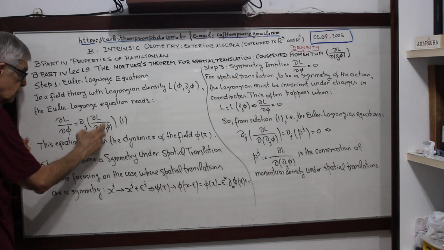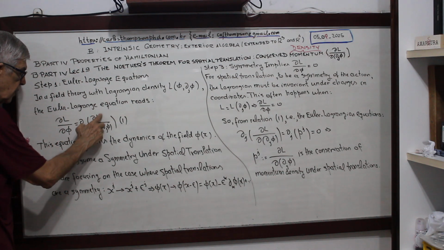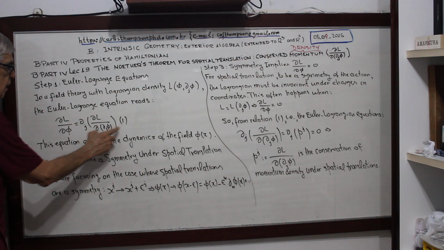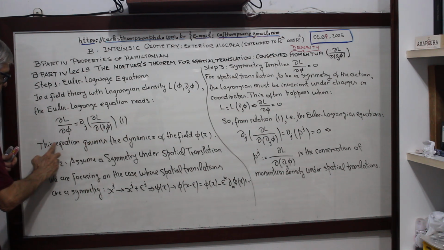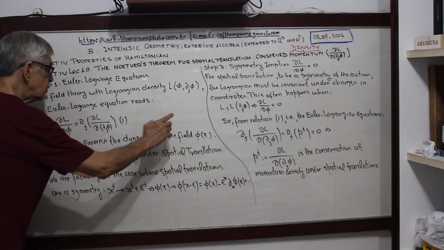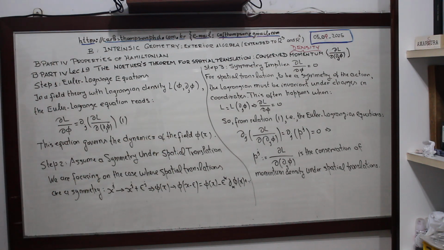This is the momentum, as I will show later. This is what I want to show. This is equation 1. This equation governs the dynamics of the field phi of x.